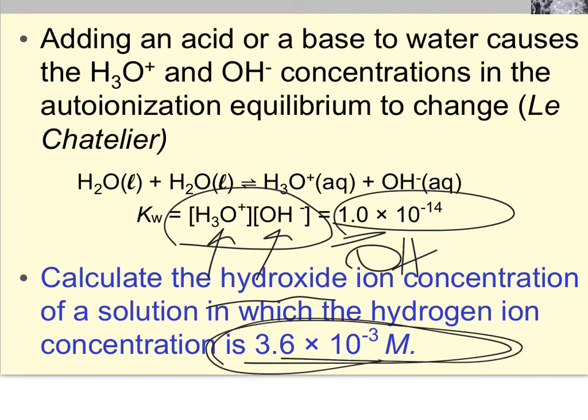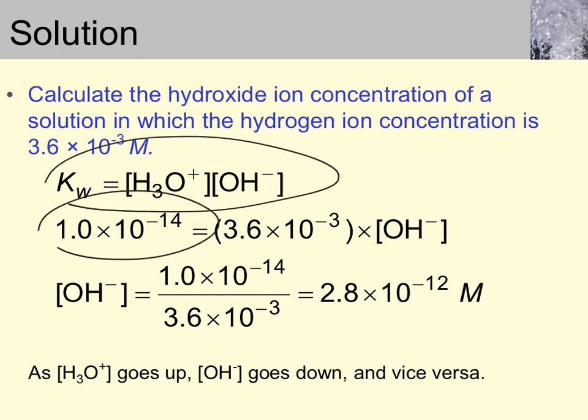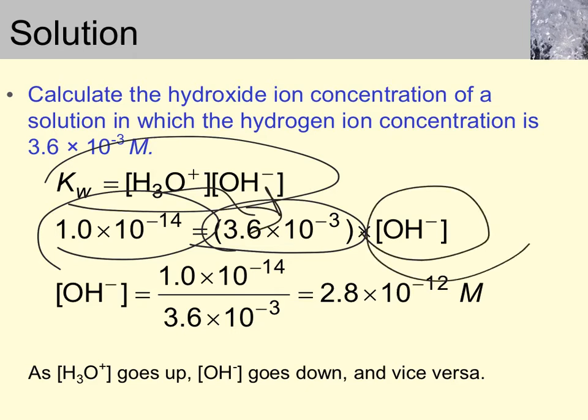So if you are given the concentration of hydronium ion, all you have to do is solve for the concentration of hydroxide because we know Kw. It's 1 times 10 to the minus 14. So take a look at how we would do that. Here's our equilibrium expression. Again, as long as you're at room temperature, Kw is 1 times 10 to the minus 14. They just gave us the concentration of hydronium ion, so now we're going to solve for the concentration of hydroxide. And it turns out to be 2.8 times 10 to the minus 12.